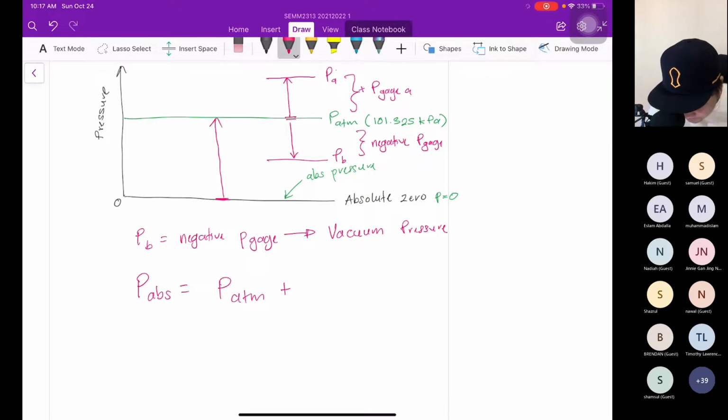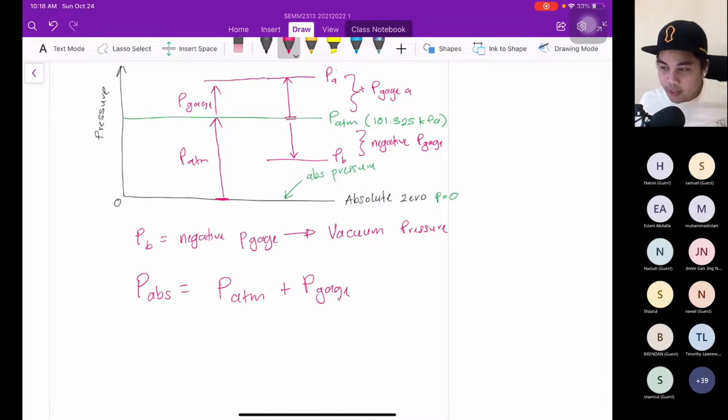So P ATM plus this value, P gauge. This is how to calculate the absolute pressure. Okay, so far class, is it clear now? What's the difference between the P ATM and absolute pressure? Now you understand, yeah? Okay, thank you.